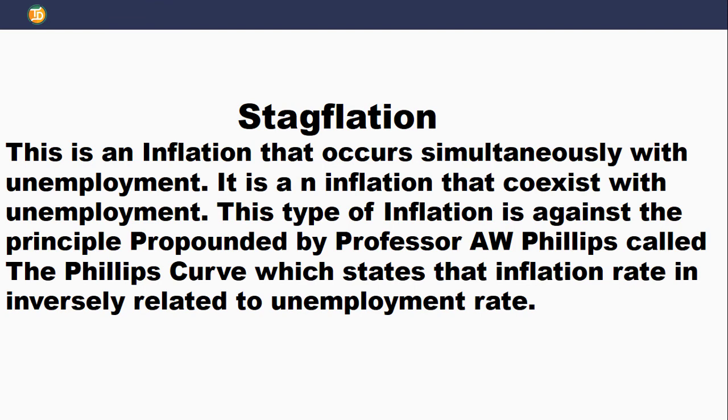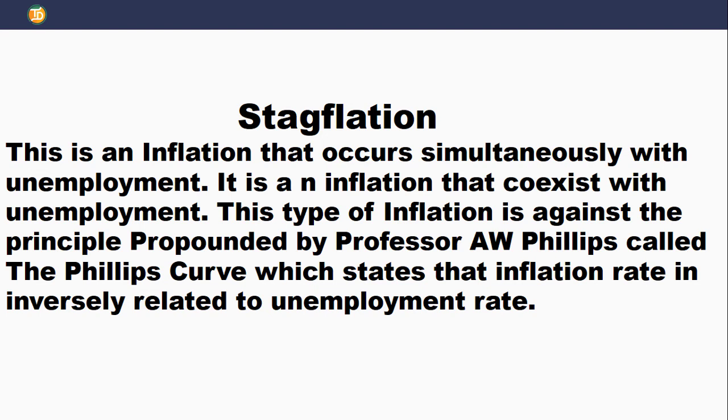Phillips called Phillips curve, because Professor A.W. Phillips did a research on developed economies in Europe. All right. In that research, he found out that inflation rate is inversely related to unemployment rate, but he never considered developing countries and underdeveloped countries like some in South America and in Africa.